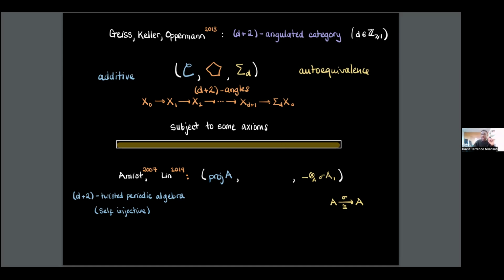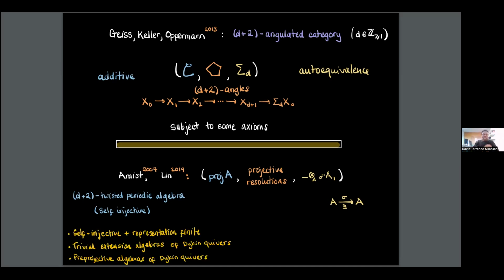And the sigma inverse is saying that instead of multiplying by A with normal multiplication, I'm going to twist it by using sigma inverse. And briefly, and I'm not going to be very rigorous here, the D plus 2 angles are somehow projective resolutions in mod A. This is not 100% accurate, but there are these functorial projective resolutions you can cook up, and these will give you some of these D plus 2 angles.